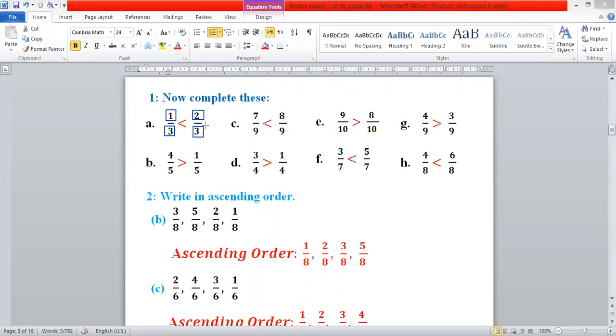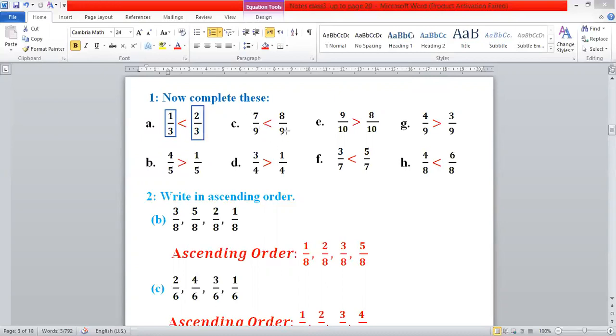In like fractions, the greater the numerator, the greater the value of the fraction. This fraction has the greater numerator, it means the value of this one is greater. Therefore, this fraction is less and this is greater. 1 over 3 is greater than 2 over 3.